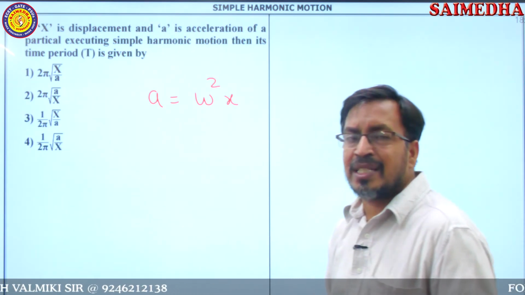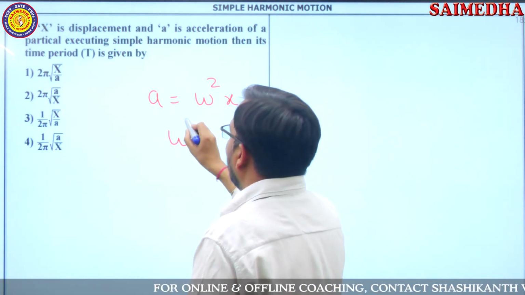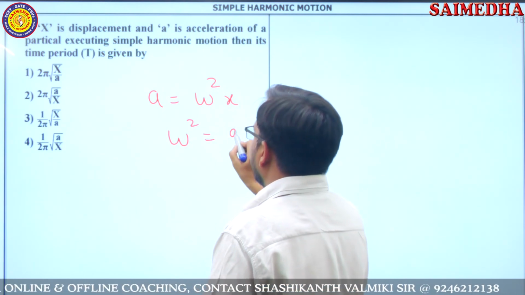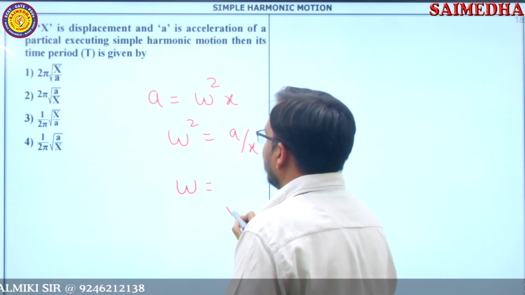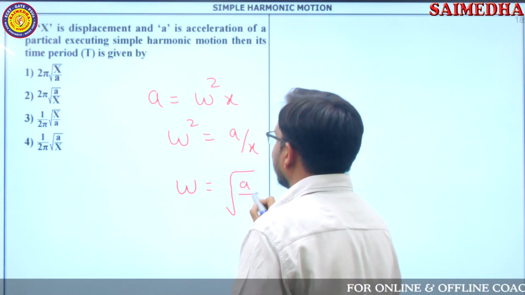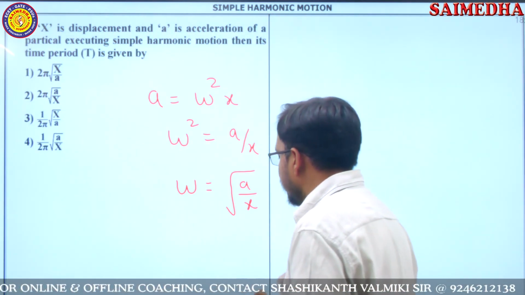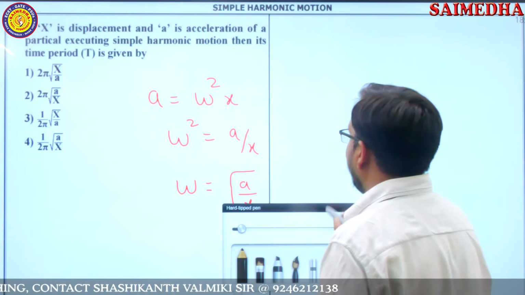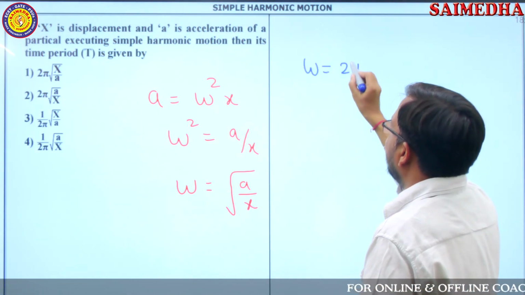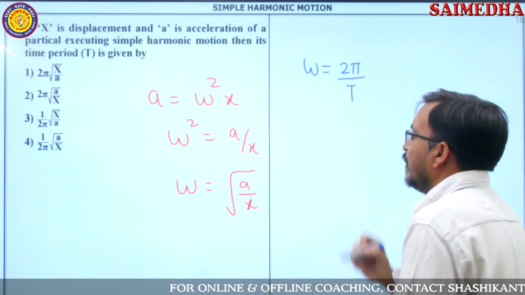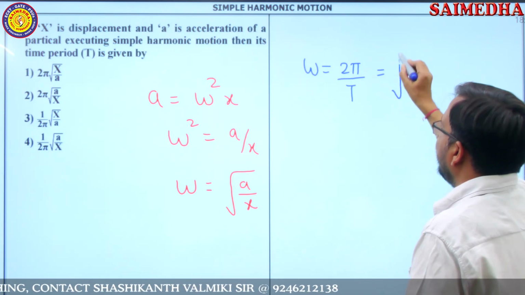Then omega square equals a by x. From that, omega equals under root of a by x. Now it is asking the time period, so I am considering the equation omega equals 2 pi by time period, that equals under root of a by x.